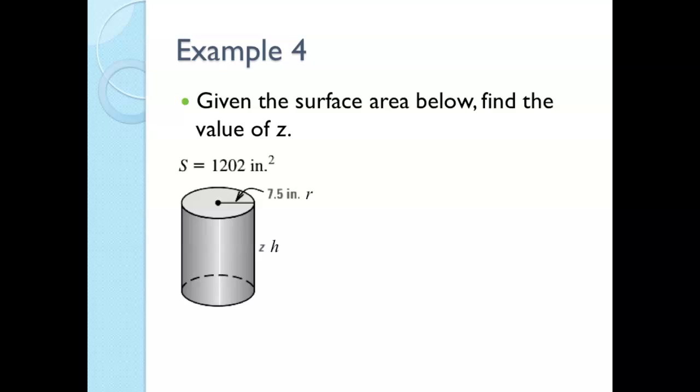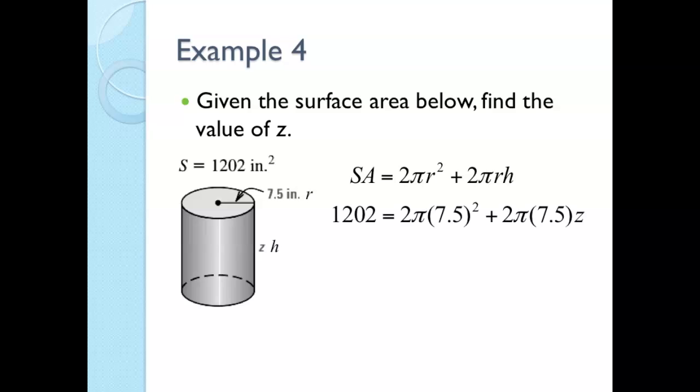So now I'm going to plug everything that I have into the formula for the total surface area of a cylinder. So that would be 1,202 equals 2 pi times 7.5 squared plus 2 pi times 7.5 times z.